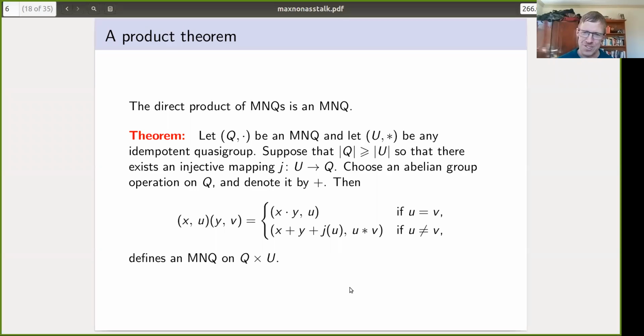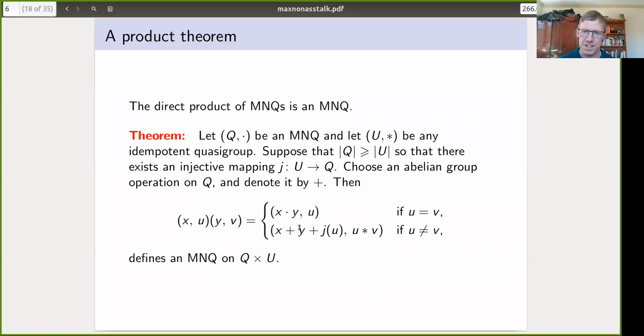You stitch those things together in this appropriate way, and I don't need to tell you too much about it, but there is a way to put these ingredients together to get a product construction, to get a larger maximally non-associative quasi-group.